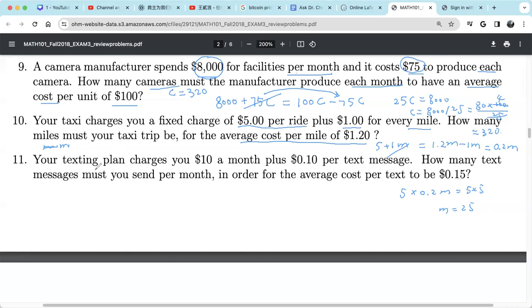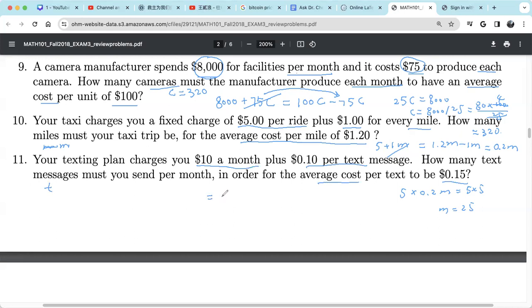Let's see, 11. Your phone plan charges you $10 a month, then 10 cents per text message. How many text messages must you send per month in order for the average cost, again average cost, to be 15 cents? Well, let's see, we have T many text messages to satisfy that.